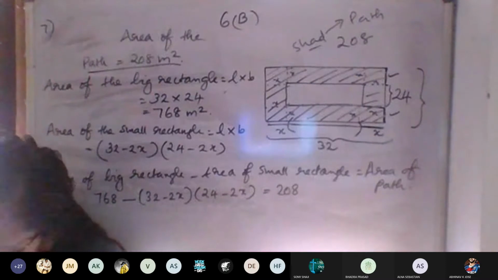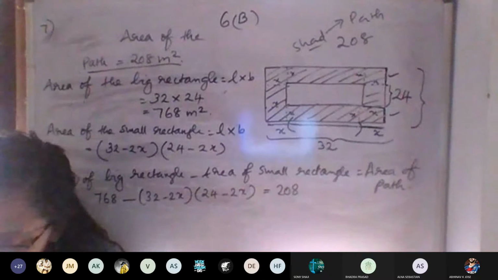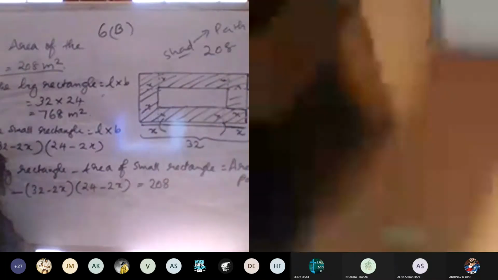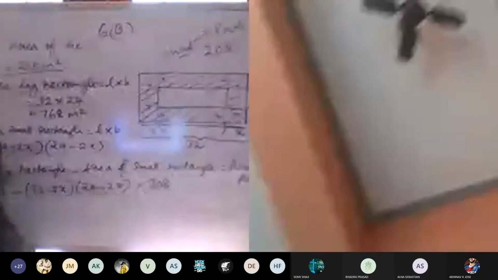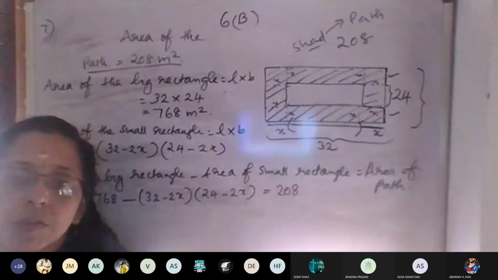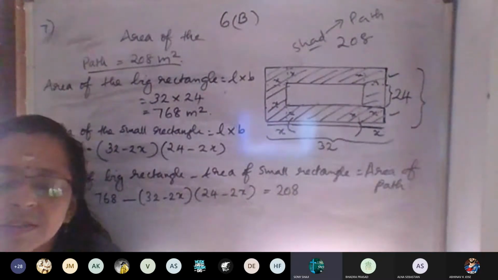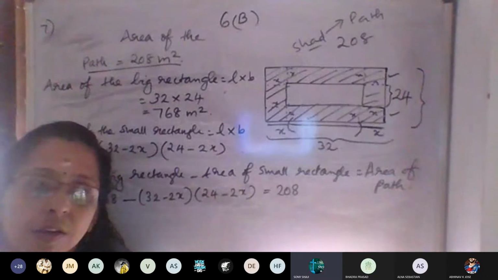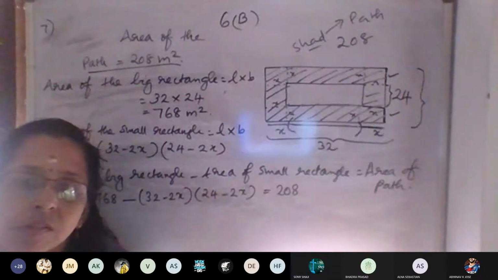So we don't have enough revision time for 6A and 6B. Ma'am, what about the timetable? How many days for 6th chapter? Remainder and factor theorem on 10th. Ma'am, 10th we have physics exam also.